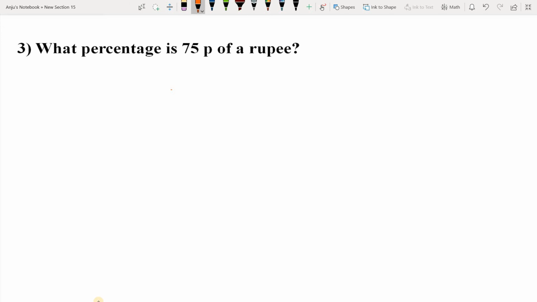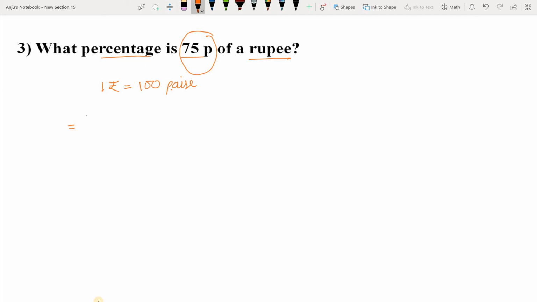Question third. What percentage is 75 paise of a rupee? Students, in this question we have to find 75 paise as a percentage of a rupee. Students, as we know, 1 rupee is equal to 100 paise. So 1 rupees का 75% कितना होगा? So let's start solving it.